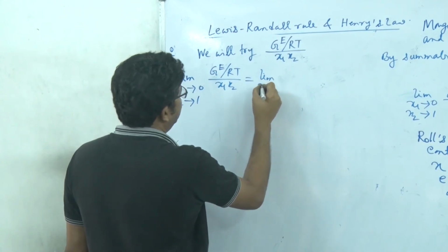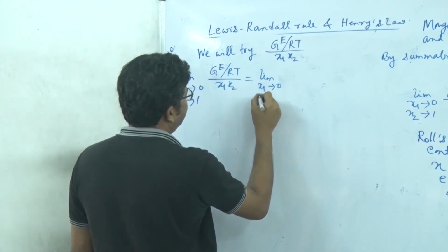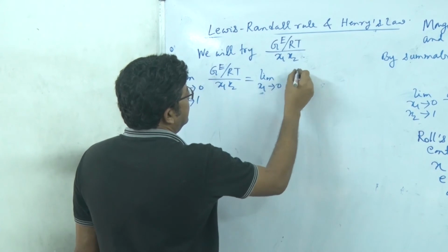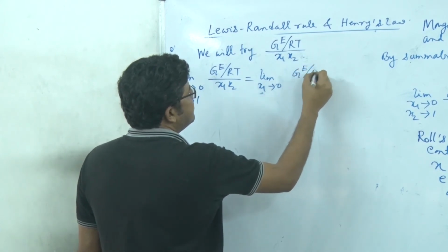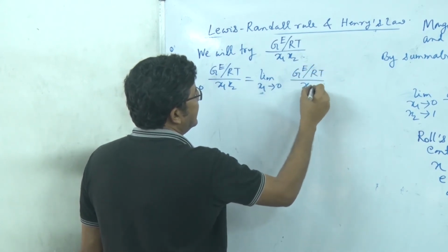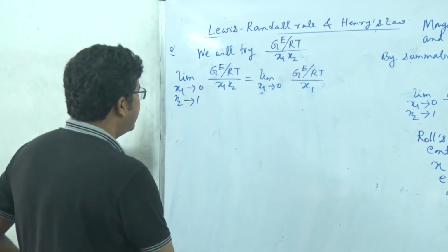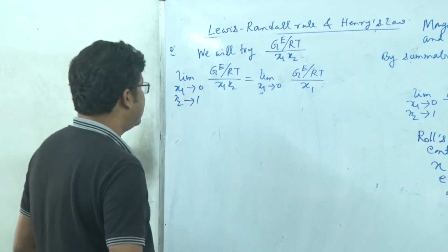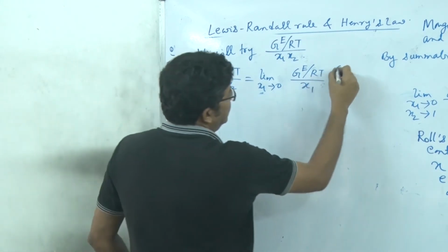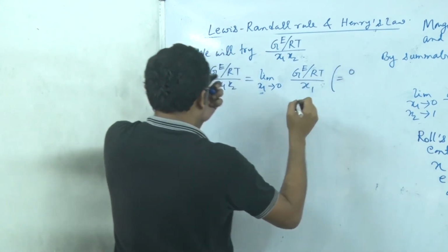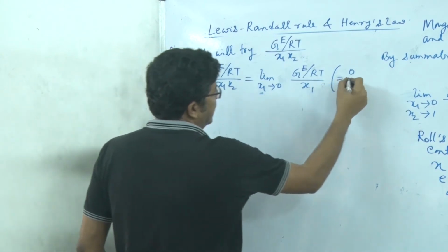So this is limit x1 tending to 0 of G by RT divided by x1. Now you see it is typically the 0 by 0 form, because already we have witnessed G by RT is 0 and x1 is obviously 0.